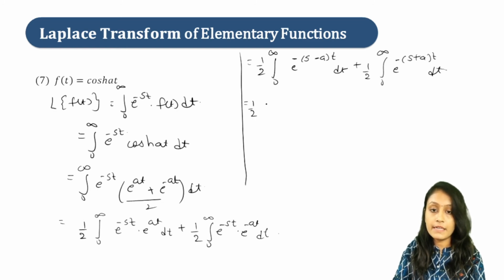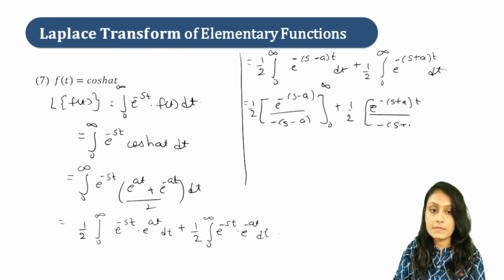Integrated, so here we'll get e raised to minus s minus a, t upon s minus a, plus 1 by 2, minus, here we have e raised to minus s plus a, t upon minus s plus a. Our limits are 0 to infinite.